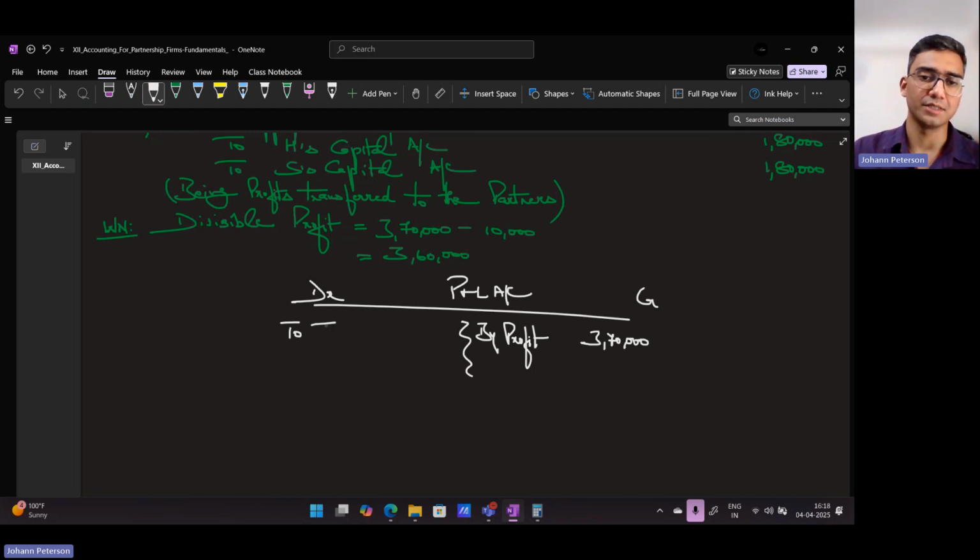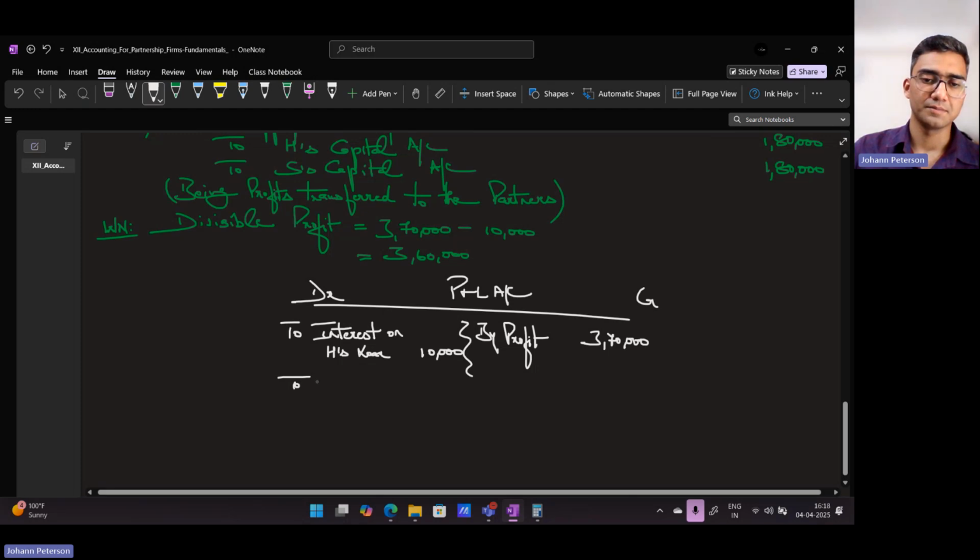So here we will show to interest on H's loan, amount is 10,000.